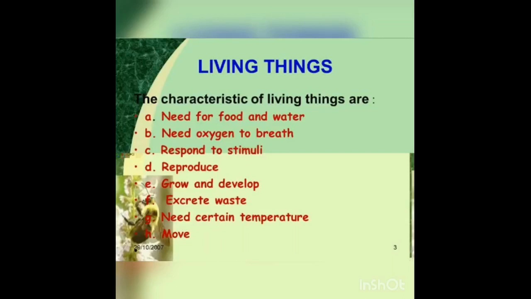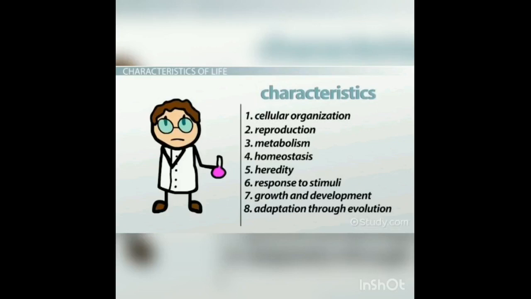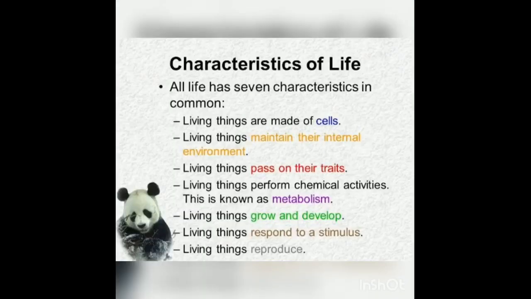First we see what is the difference between living and non-living things. In your lower classes you might have studied the difference between them. Living things eat, move, reproduce, and breathe, but non-living things do not. So likewise, living organisms show a variety of unique characters different from non-living matter. The key characters of living organisms are cellular organization, how the body is present, whether cellular type, tissue type or organ system type.